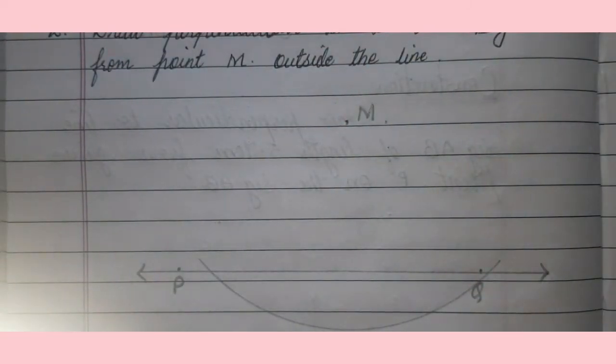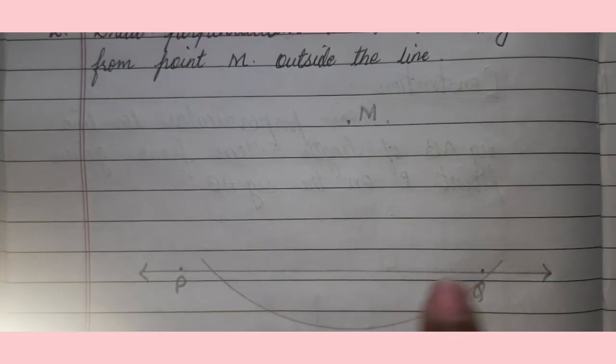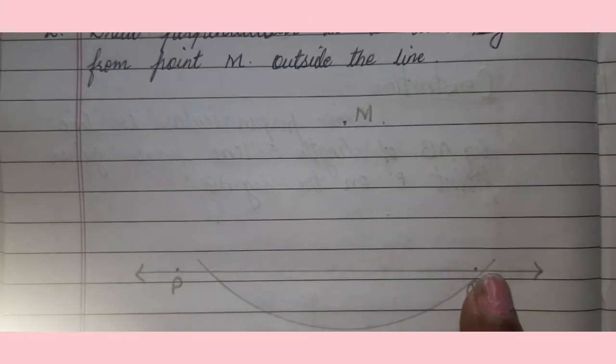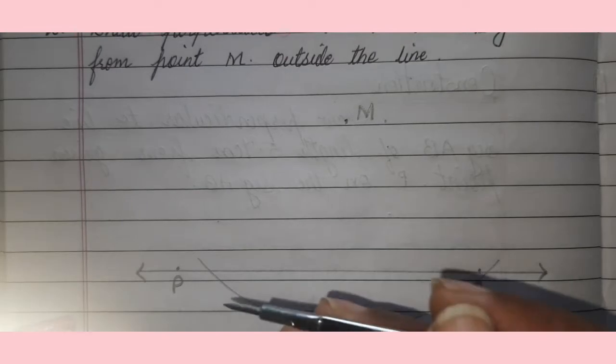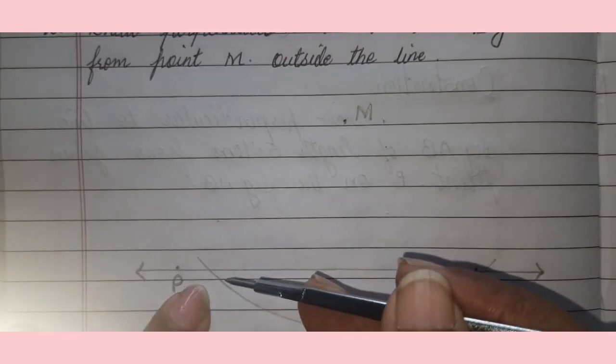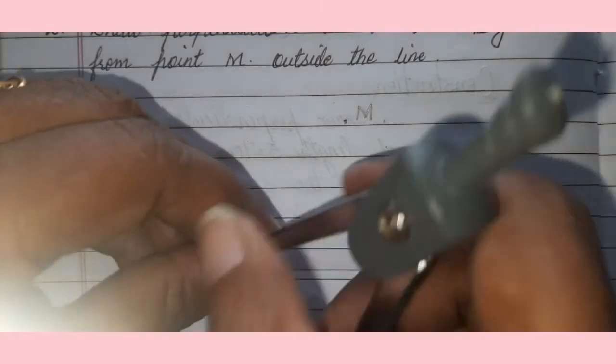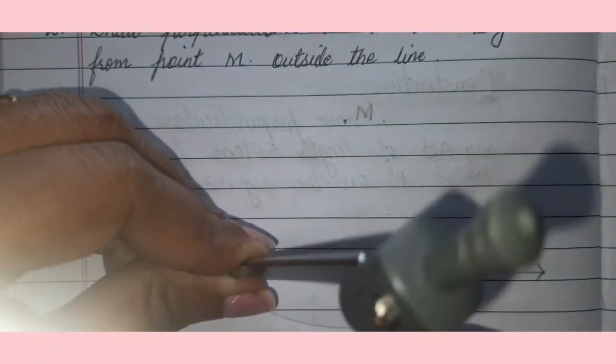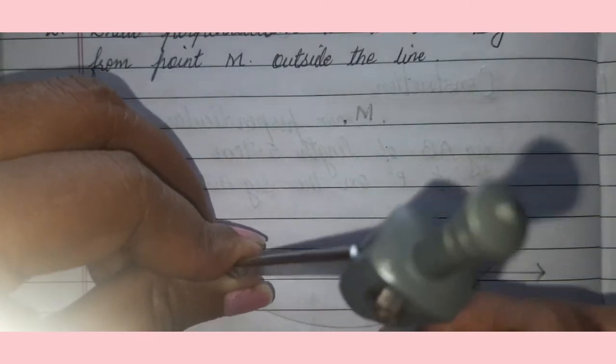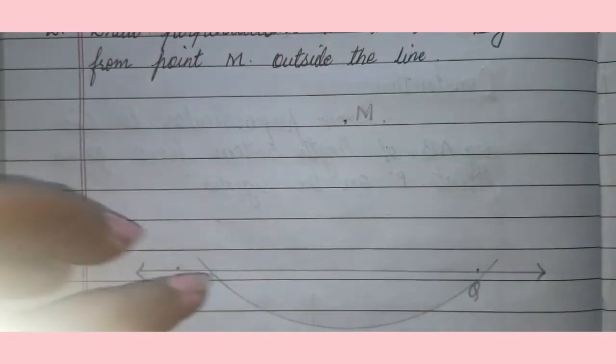Now this semicircular arc is intersecting line PQ at 2 points. So I'll keep the pointer of the compass on the first intersection near P, and I'll be drawing an arc.